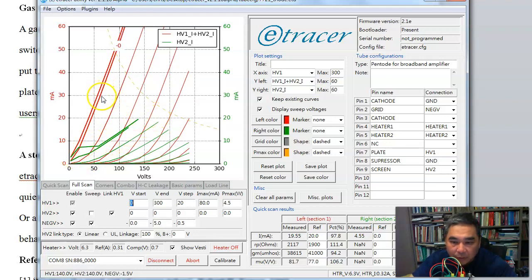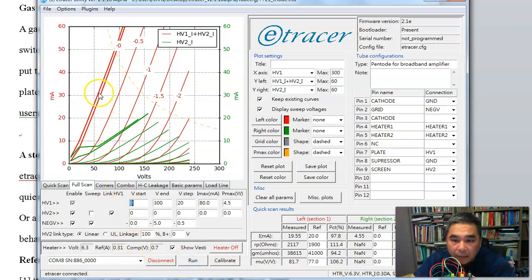The second thing we observe is the current at the 0 bias point is lower than the current measured when the grid is shorted to the negative voltage supply.